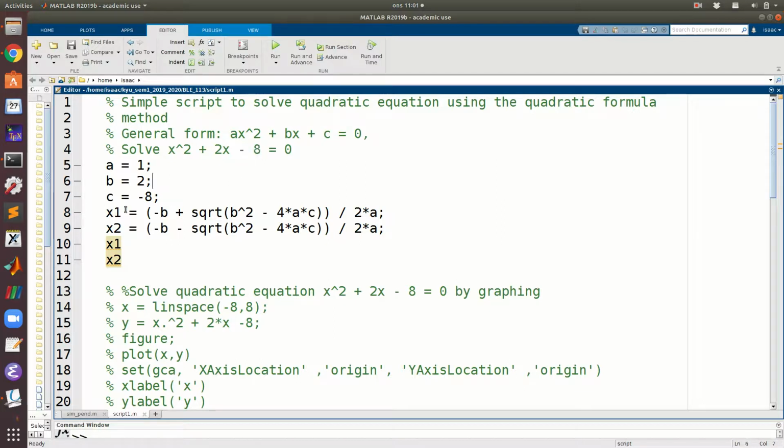The quadratic formula says x equals minus b plus or minus the square root of b squared minus 4ac, over 2a. One value takes the plus, and the other takes the minus. This is quite elementary because we put in the values straight away.